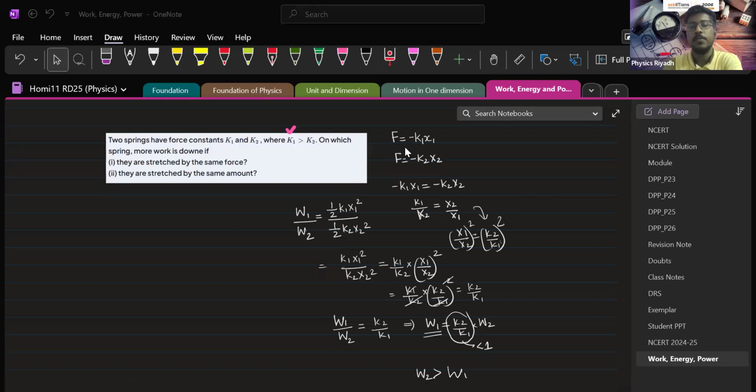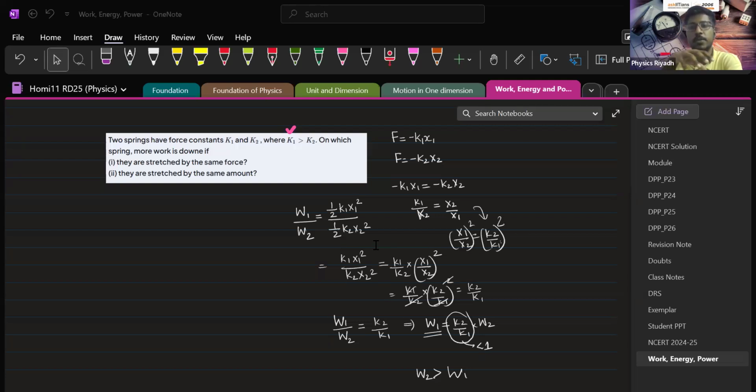You can think of it like this also in the first case. K1 is greater than K2, which means the first spring is more stiff. More stiff means if the force is the same, the work done will not be as much because the displacement is less.